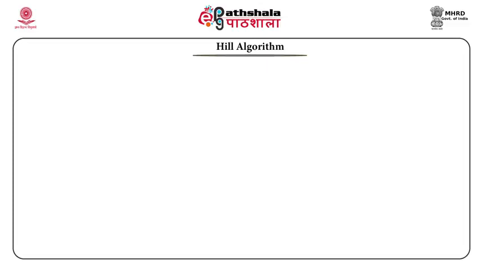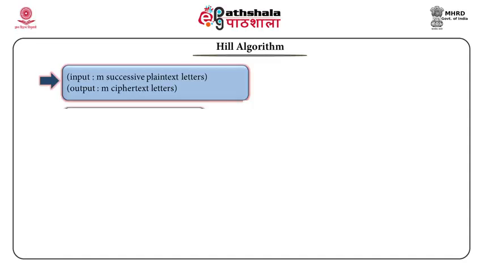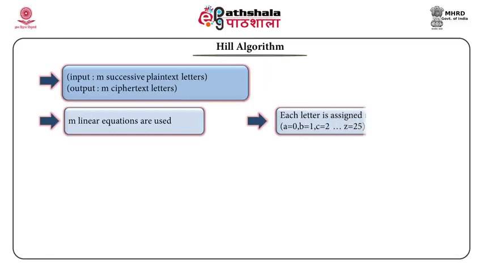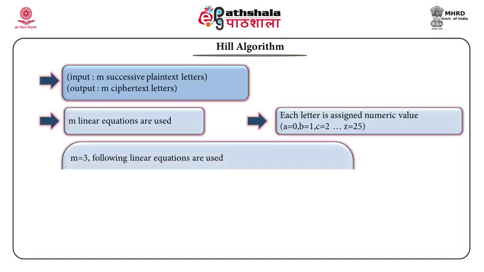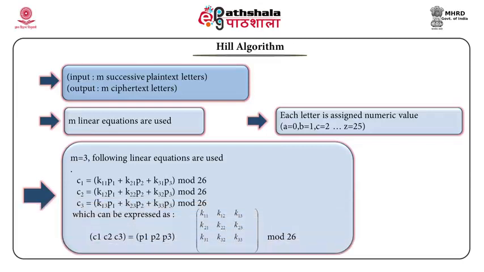Now Hill cipher. This is a basic thing, basic mathematics which is followed in Hill cipher. The Hill algorithm has input of m successive plain text letters, and output is m ciphertext letters. If we have m inputs, m linear equations should be built. Each letter is assigned a numeric value: A is 0, B is 1, Z is 25. If 3 plain text characters are taken, then to solve this we have to take 3 linear equations C1, C2, C3.